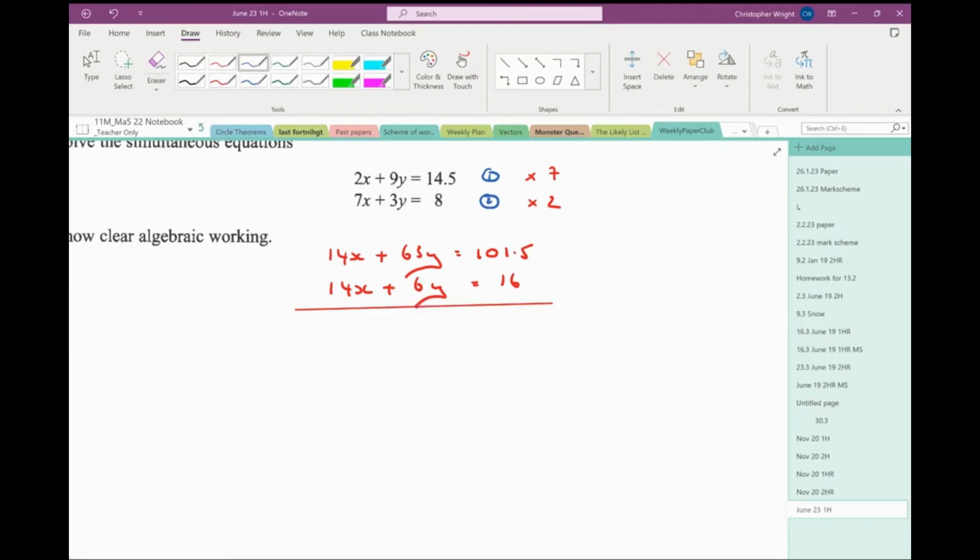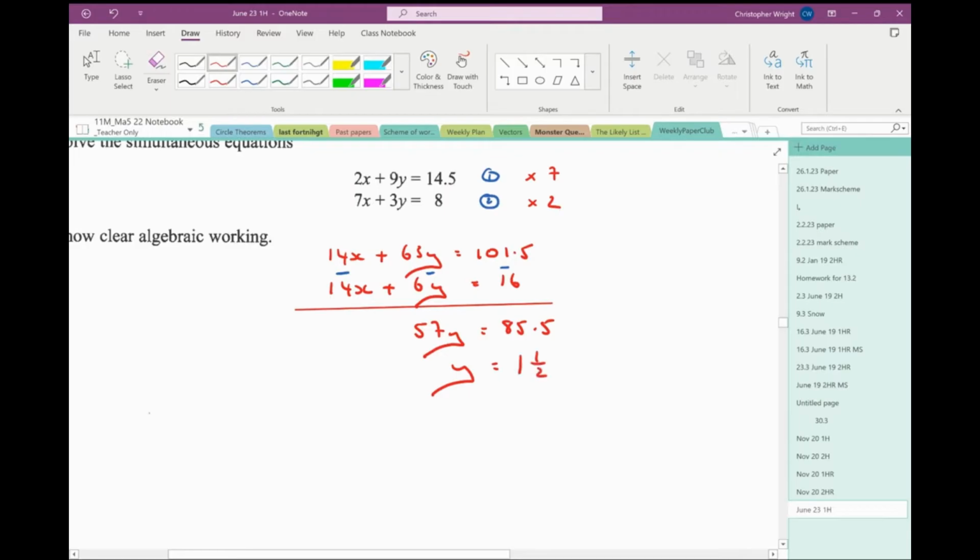I'm going to do my top equation, subtract my bottom equation. I'm going to write in my minus signs, so that gives me 63y minus 6y is 57y, and that equals 101 minus 16, 85.5. So divide both sides by 57, gives me y equals 1.5.